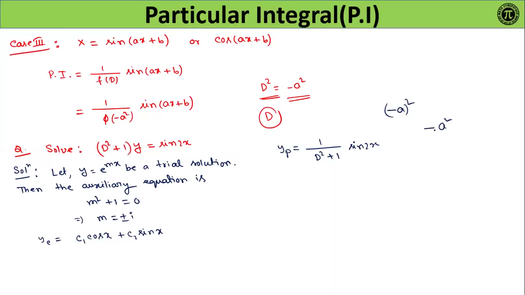Okay, you must write the negative sign. So this is equals to 1 by, what is the value of a? This is 2, so you have to write minus 2 square plus 1 sine of 2x. So this is equals to 1 by minus 4 plus 1, that means minus 3 sine 2x. This is your yp. So what is the general solution?